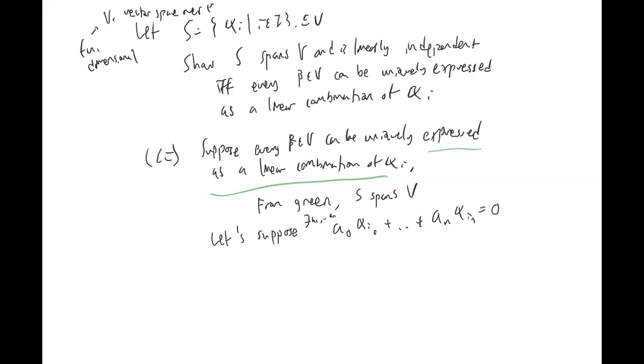If we assume not all a_i are zero, then I could express zero in two different ways. I could express it like this, or I could express it like this.